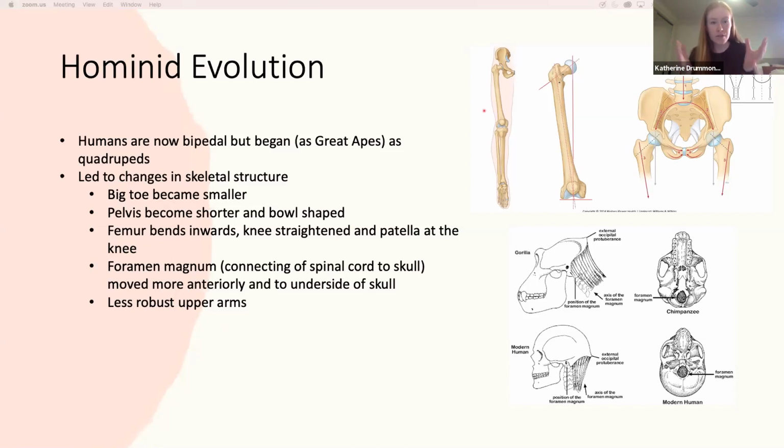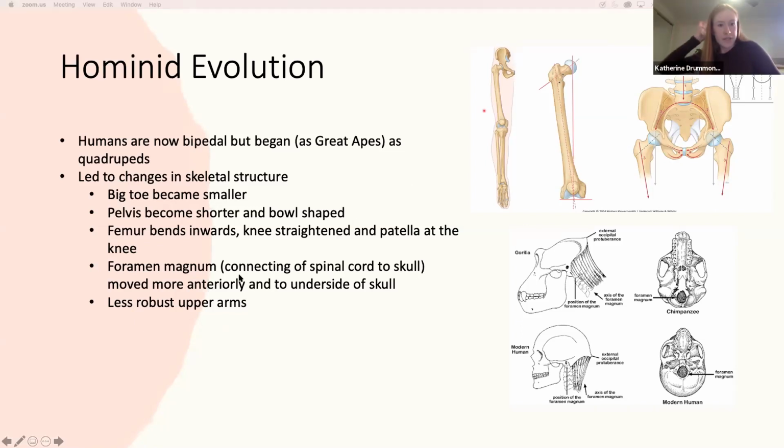The way that we're able to do that is because our pelvis is bowl-shaped, and also because our femur is slanted inwards. That was another evolutionary advantage that occurred: our femur bent in, just to direct the weight more towards the center rather than out. You can see that just here.